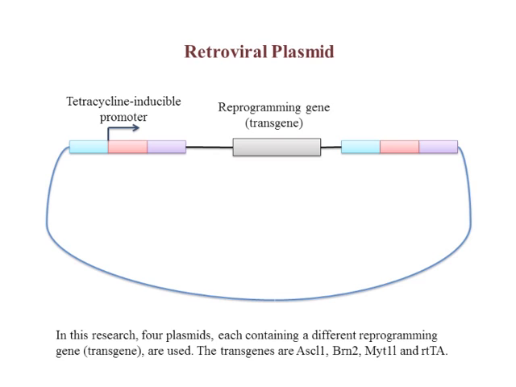ASCL1, BRN2, and MYT1L are the neuronal reprogramming genes, while rtTA is a gene that is required for this particular system to work. In the remaining portion of this presentation, I will be using one of these transgenes, ASCL1, as an example. The other transgenes also undergo the same procedure.